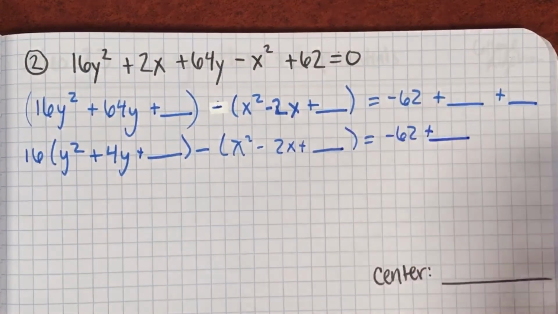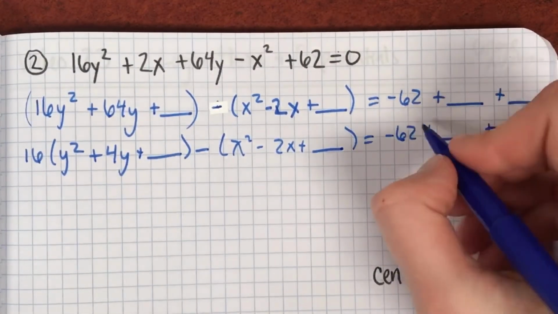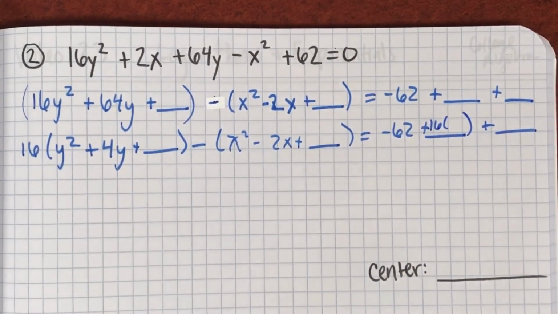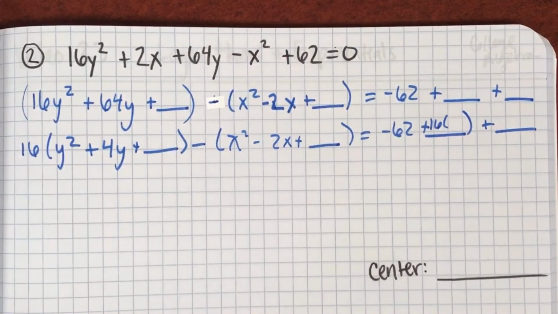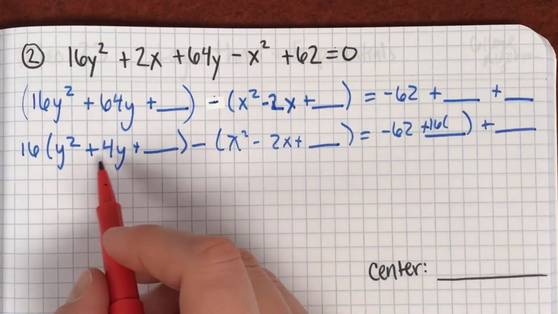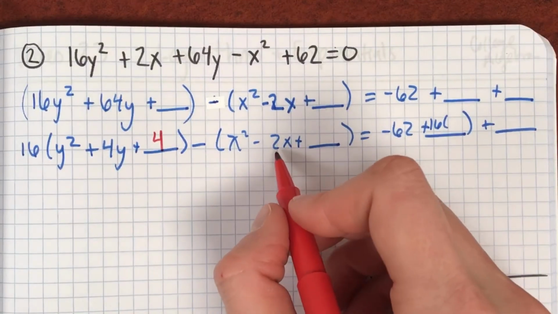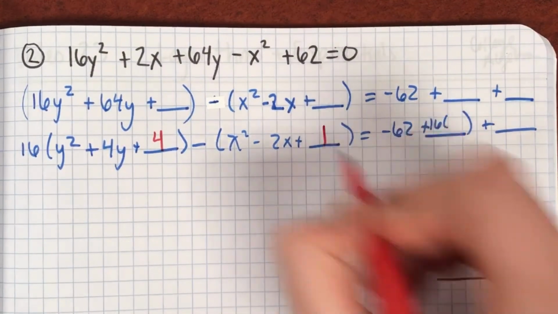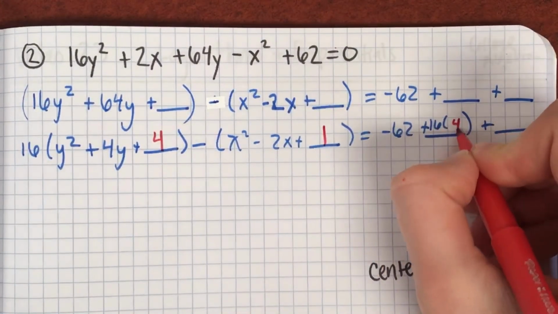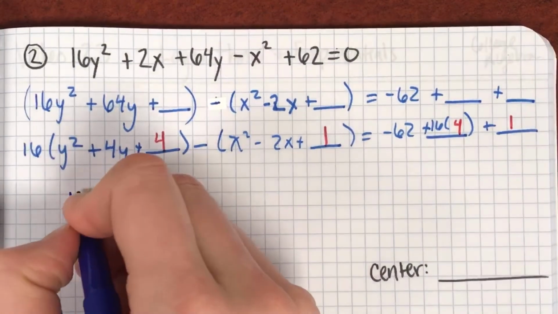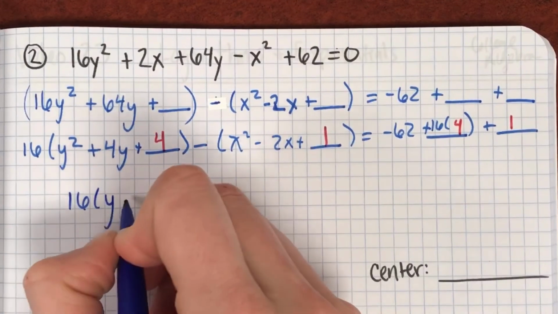On my blanks over on the other side of the equal sign, this first one needs to have 16 times something. All right, so half of 4 is 2, 2 squared is 4, half of -2 is -1, -1 squared is 1. All right, and I can go ahead and simplify.